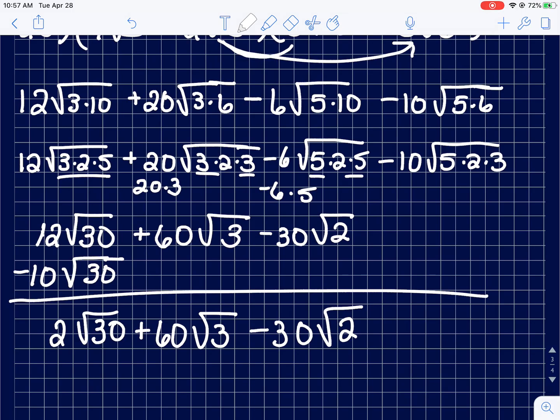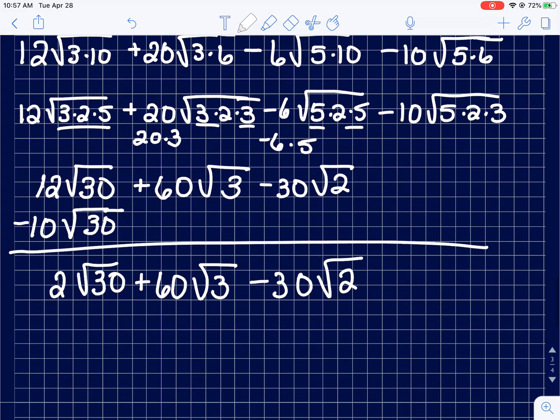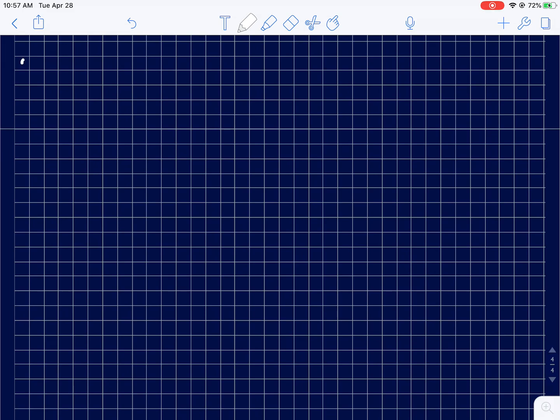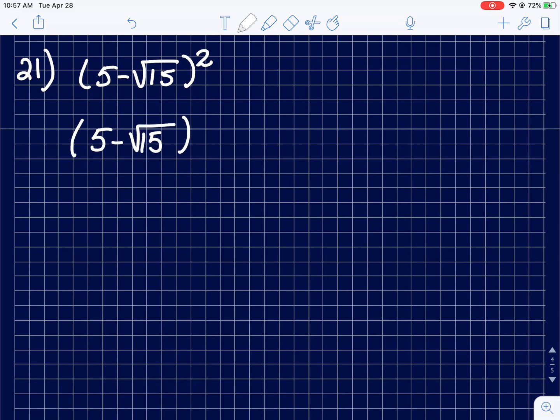Okay, let's do the last problem, number 21. I did give you a hint on the answer key. 21, 5 minus root 15 squared. Means we have to square the entire thing. So it's parenthesis 5 minus root 15, close parenthesis, another parenthesis 5 minus root 15.